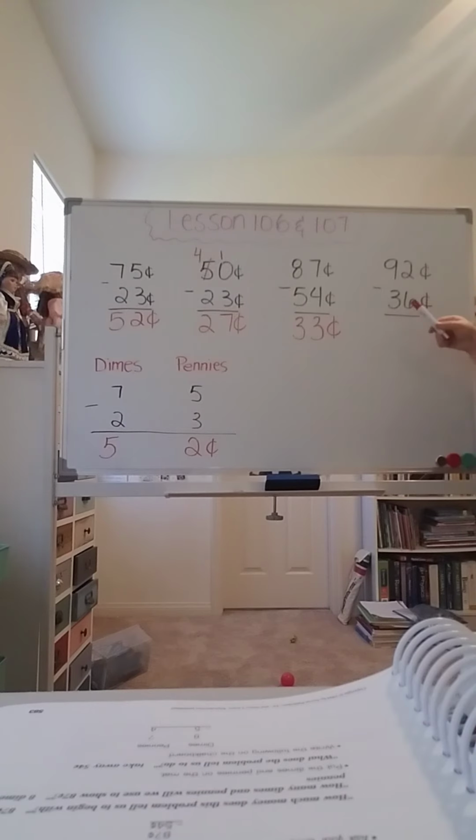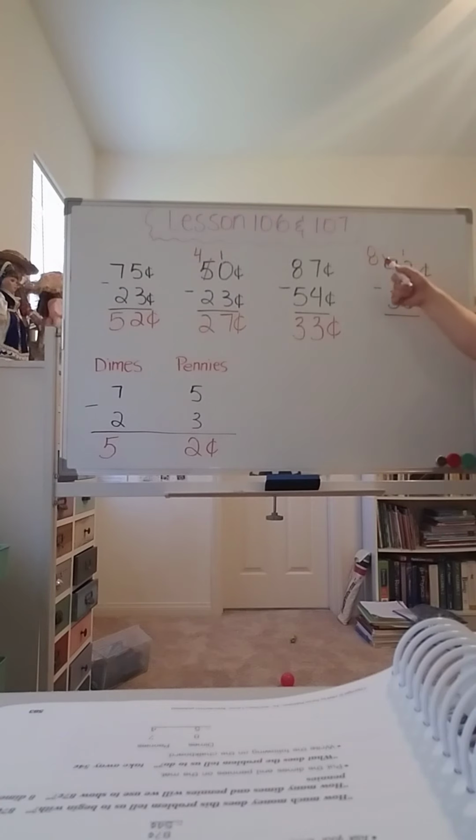Now, we have 92 cents minus 36 cents. Do we have enough pennies on top here to subtract the 6 from? No, we don't. So what are we going to do? We are going to borrow from the dimes. So we're going to cross out, put 8 here, and put 1 here.